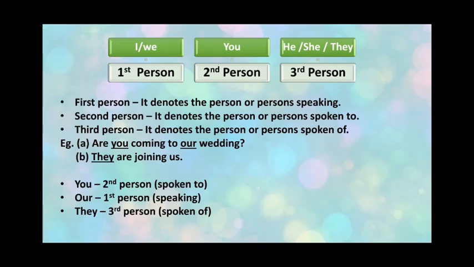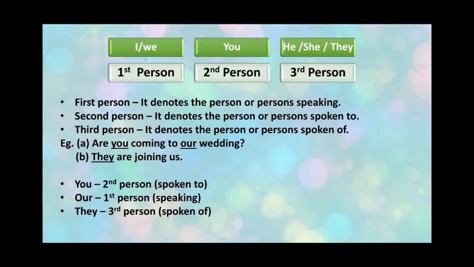That means the first person is asking the second person if he or she is coming for the wedding. So you is the second person that is spoken to. In the same sentence we have our, O-U-R. So in this sentence, our is the first person that is speaking.